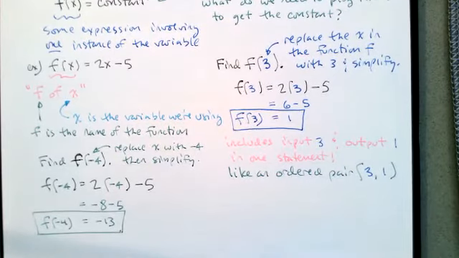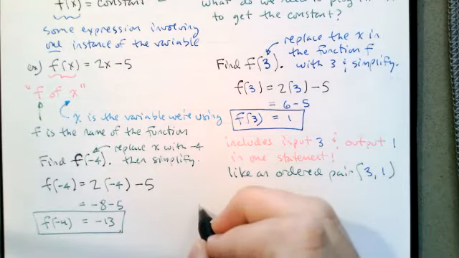This is how function notation works. It's just telling you to do some things to the x. If we change the variable, it would look the same. It's just a set of instructions.